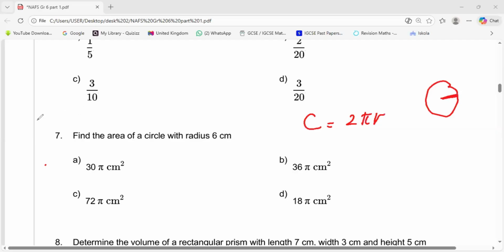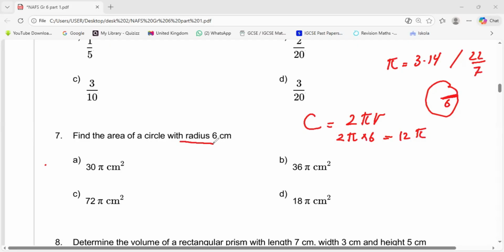If you have a radius of 6 and want to find the circumference, you multiply 2 pi r, 2 times 6, and you get 12 pi. And you know pi is a specific number. Pi is 3.14 or 22 over 7.